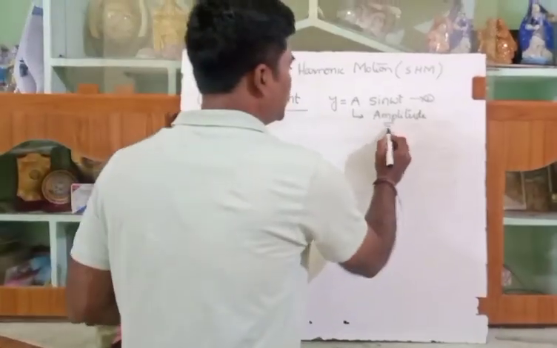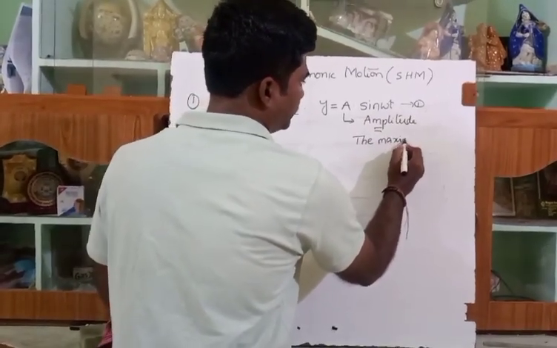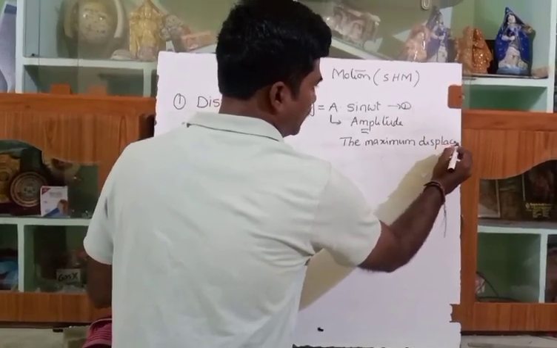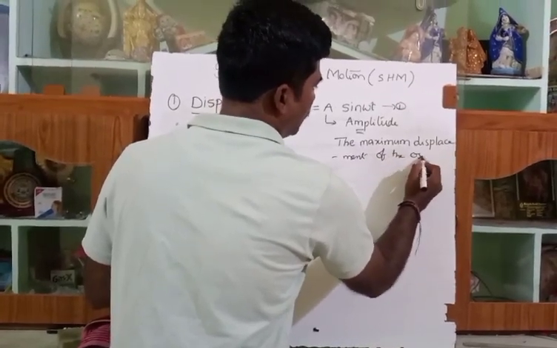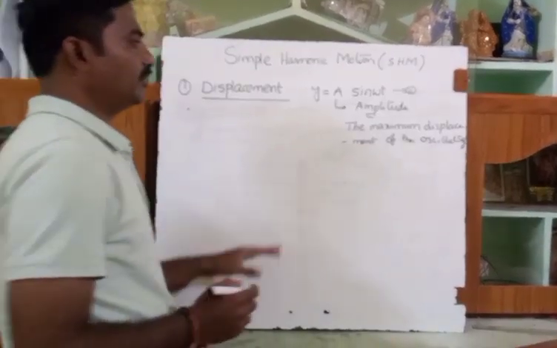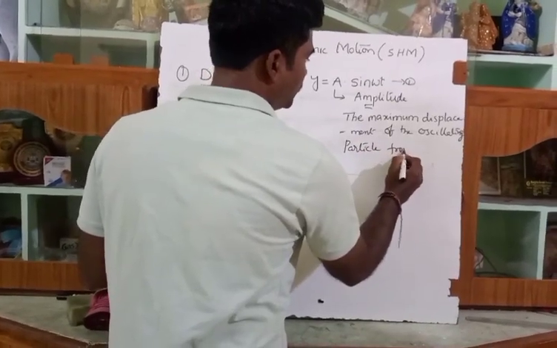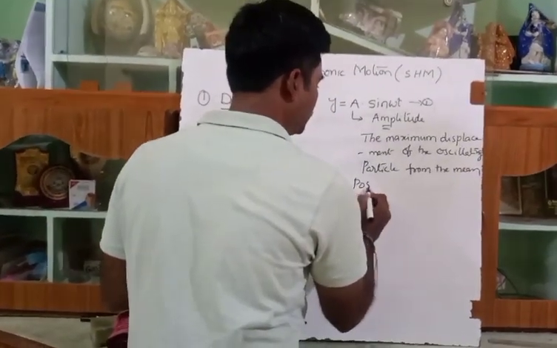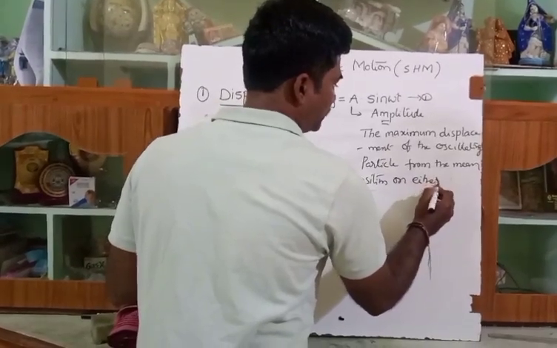Amplitude is nothing but the maximum displacement of the oscillating particle from the mean position on either side.